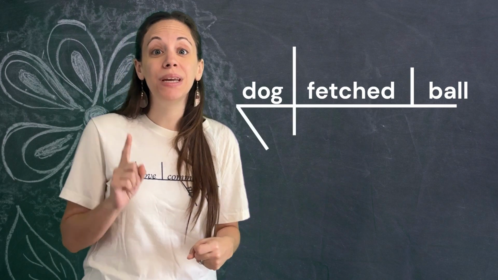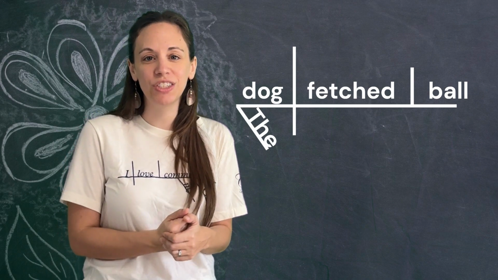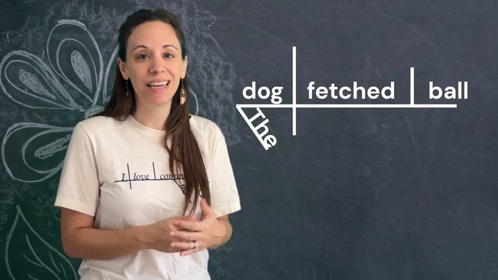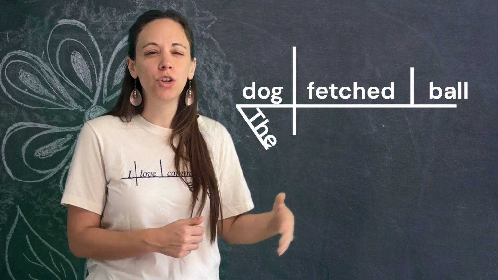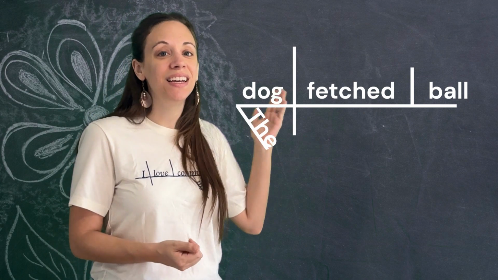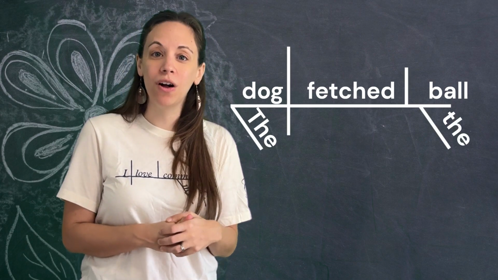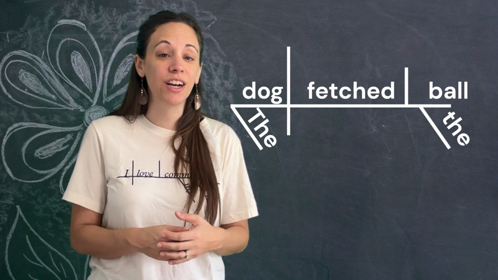And remember, we need to keep that T capitalized because that's how it was in our original sentence. That was the first word in our sentence. So we're going to maintain the capitalization in our diagram. So the dog fetched which ball? The ball. So our second the is also going to go on the diagonal line underneath the word ball. So our first independent clause is diagrammed.